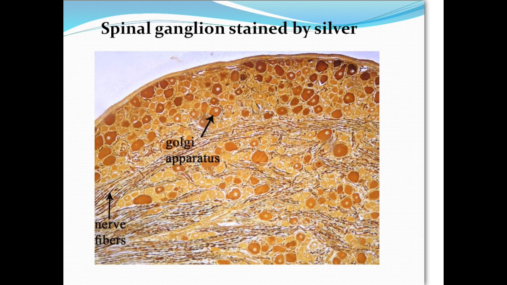Number two, the variation in the size. We have large size, a small size, and an intermediate size. Here we have also the brown coloration around the nucleus. Why? Because the silver stains the Golgi apparatus, which is a well developed network around the nucleus.